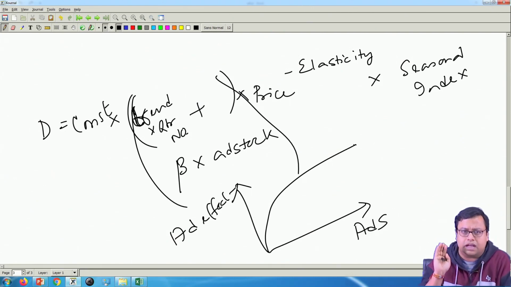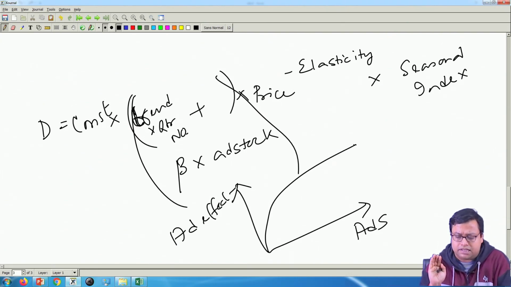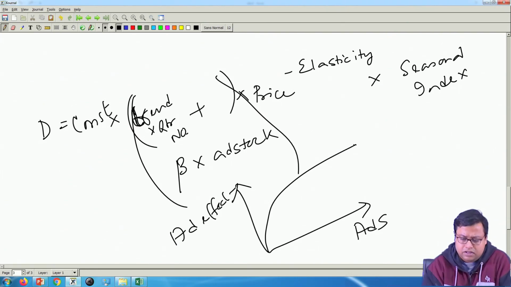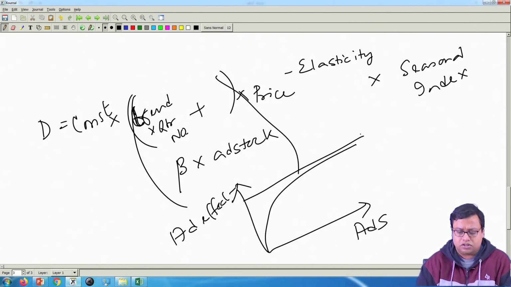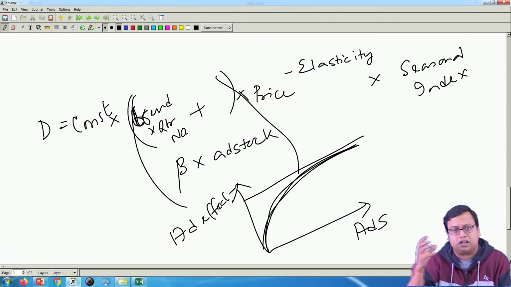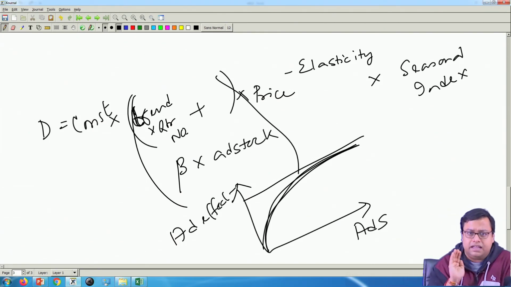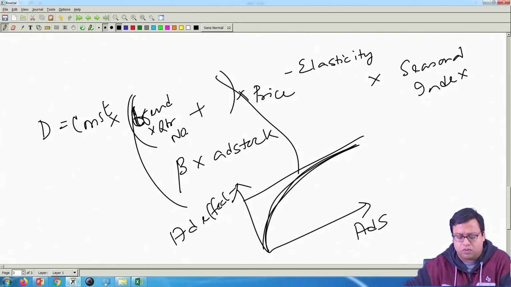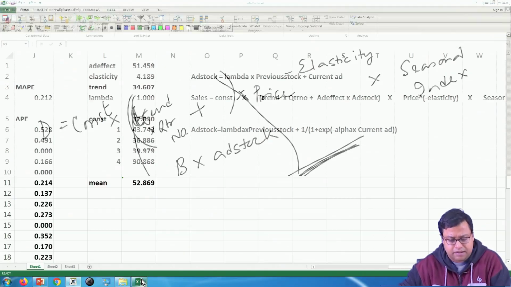That means it will look like an S curve or something like that. So, it will finally saturate at some level. So, to bring in that part of the story, where the effect of ad spend on the ad effect is coming down as the ad spend goes up, the marginal effect is coming down.